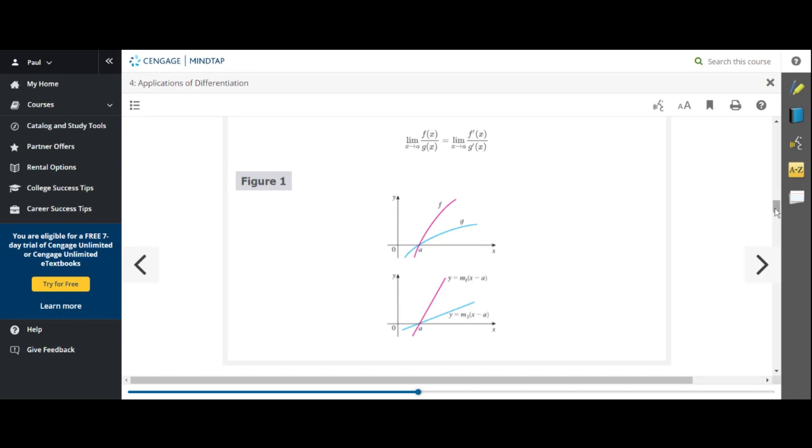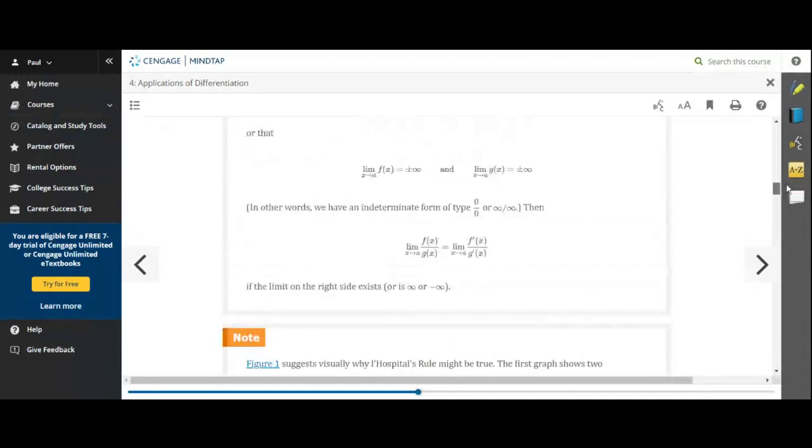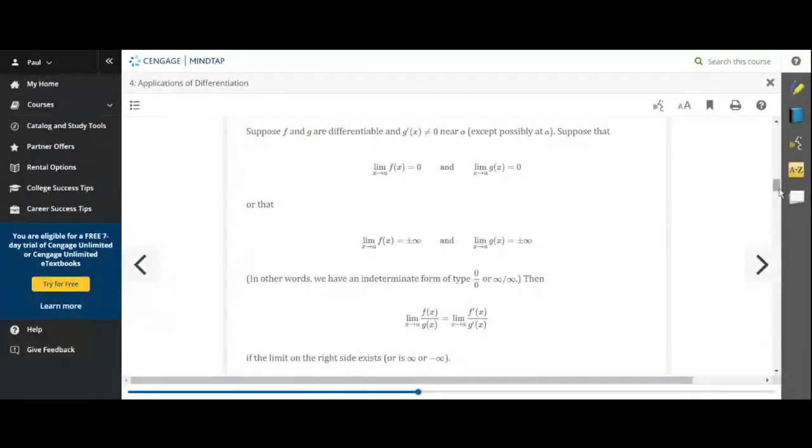If you look at the ratio of m1 times (x minus a) over m2 times (x minus a), the ratio is going to be m1 over m2, which is the ratio of the slopes of the tangent lines, which is therefore the ratio of the derivatives at x equals a. Hence, the limit as x approaches a of f over g is the same as the limit as x approaches a of f prime over g prime. That's what L'Hopital's rule is, and that's how they come up with it.